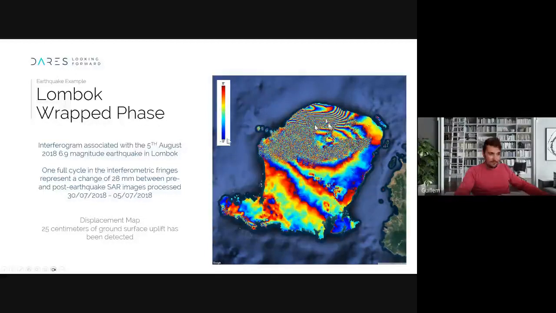And here we have what we call the decorrelation, where fringes are getting closer and closer because we have larger displacement, and at a certain point we are not able to measure the displacement in these areas because we are getting displacement larger than half the wavelength.